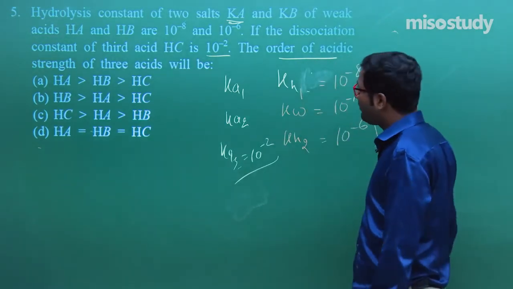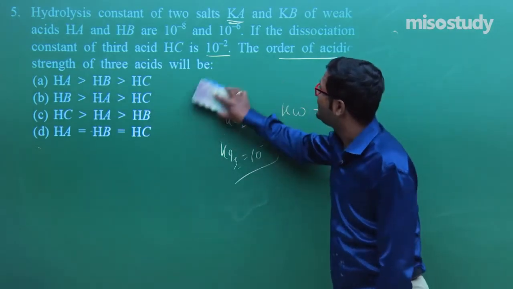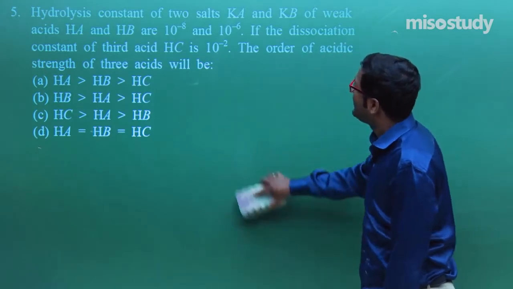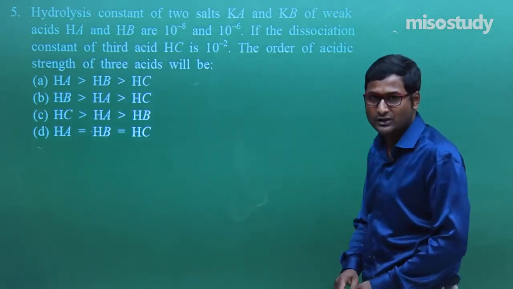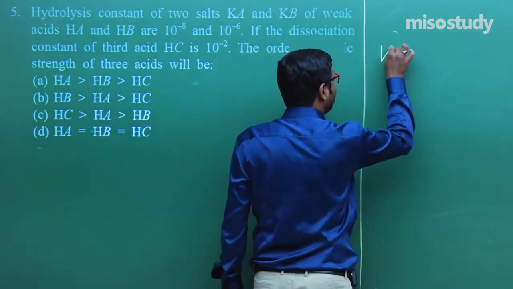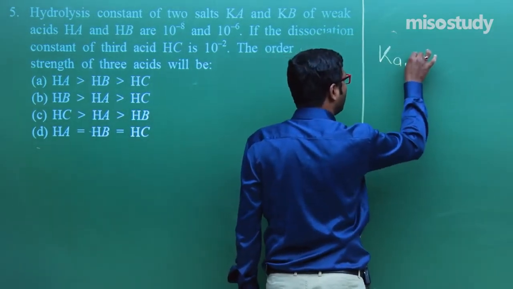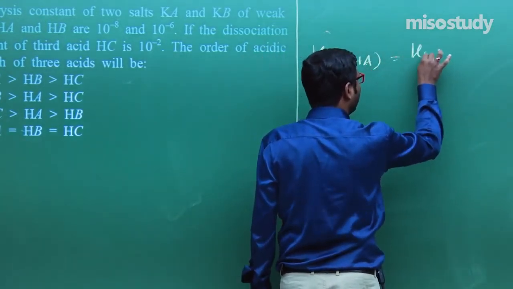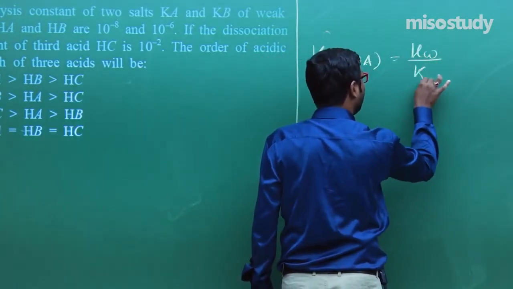Now for HA and HB, the value of the dissociation constant is not given. Here the hydrolysis constant is given. Do you remember this? As I told you earlier, Ka1 for HA is equal to Kw upon Kh1.